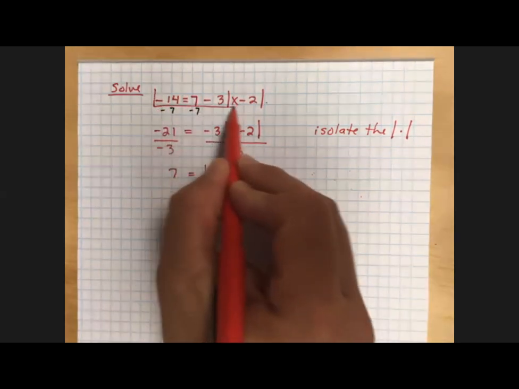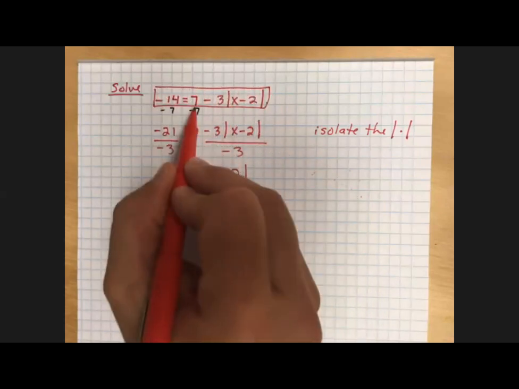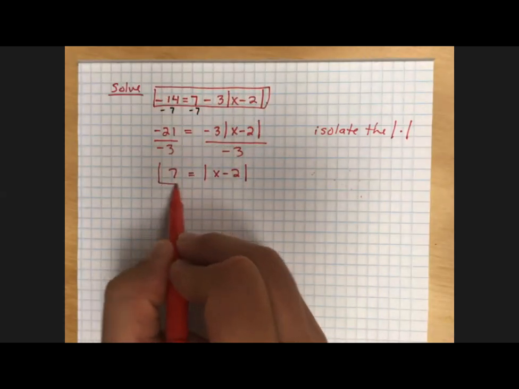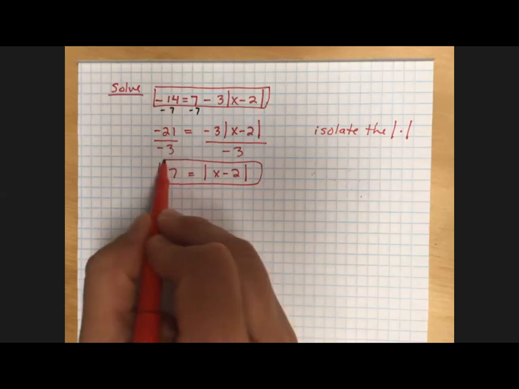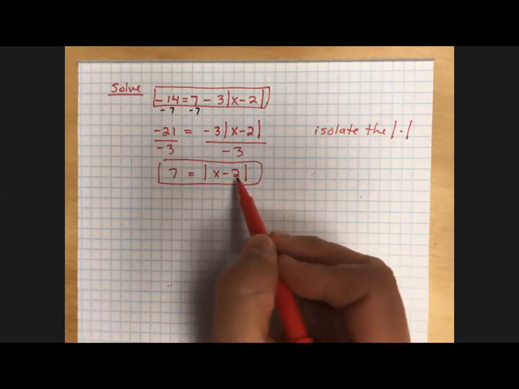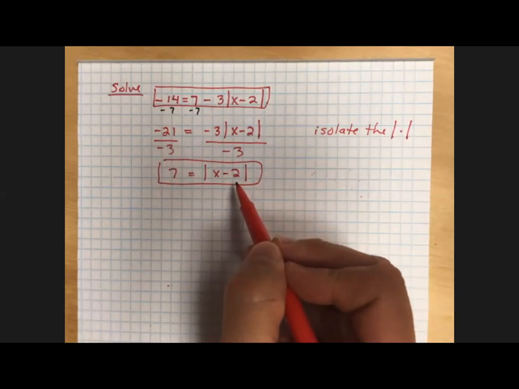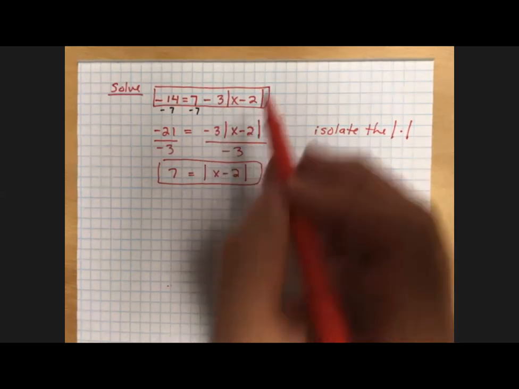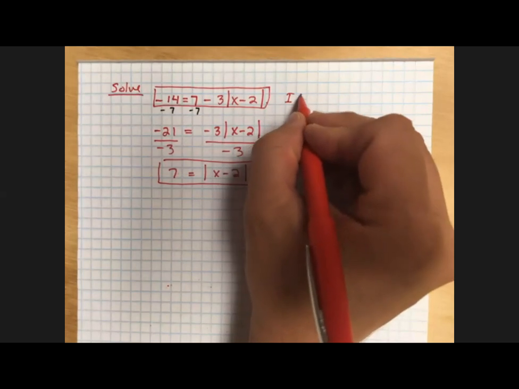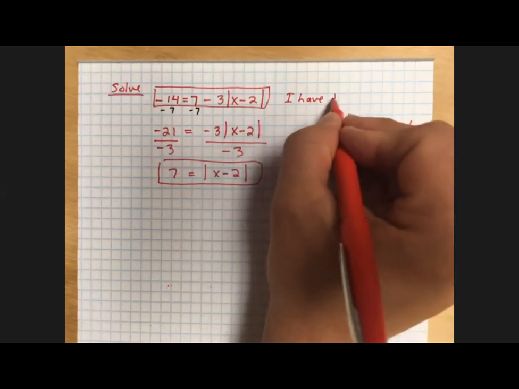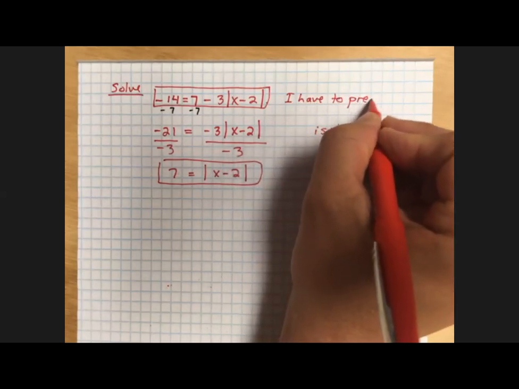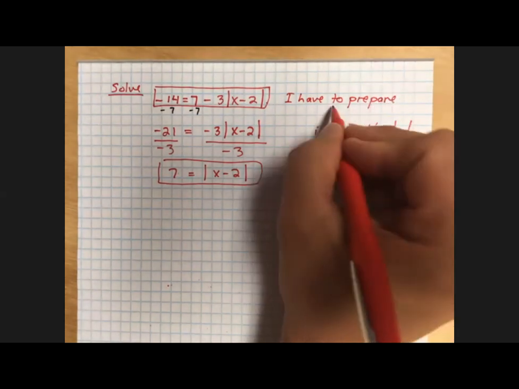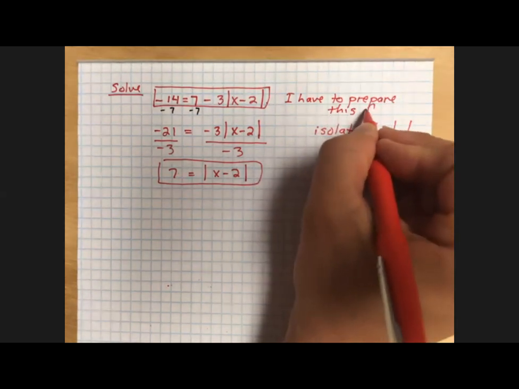If I laid $100 on the table and said, I want you to do that, or if I laid $100 on the table and said, I want you to do that, which one are you going to choose? You're going to choose that second one. Looks easier. But this is the same thing. I just had to prep this. I have to prepare this first.